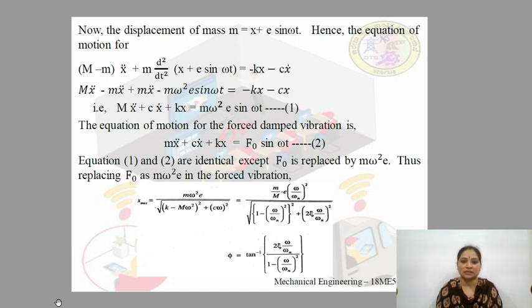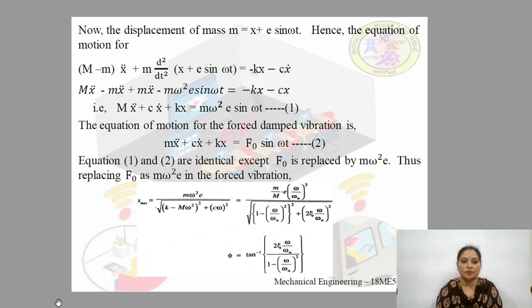Here the right hand side is equal to minus kx minus c x dot, the spring force and the damping force.